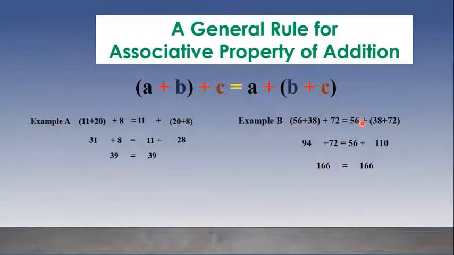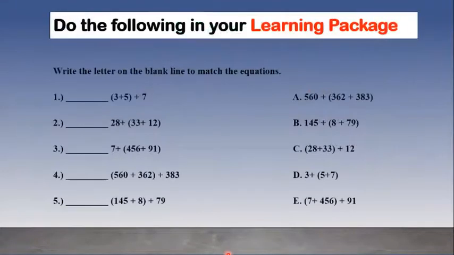We go to the next side, and now we have 56 plus, and inside the parentheses, we have 38 plus 72. We solve what is inside the parentheses first, and 38 plus 72 will give us 110. And then we bring down the 56 plus our 110, and we get 166. And there you have it, boys and girls, the associative property of addition.